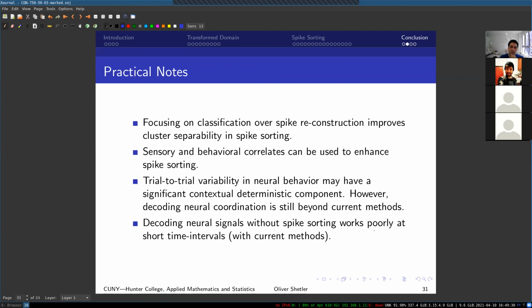So these are some practical notes that OIS left us with. One of them is that focusing on the classification of spikes oftentimes outperforms attempts to reconstruct the entire spike form. So think about the idea of just attributing spikes, whatever they look like, to various sources, right?